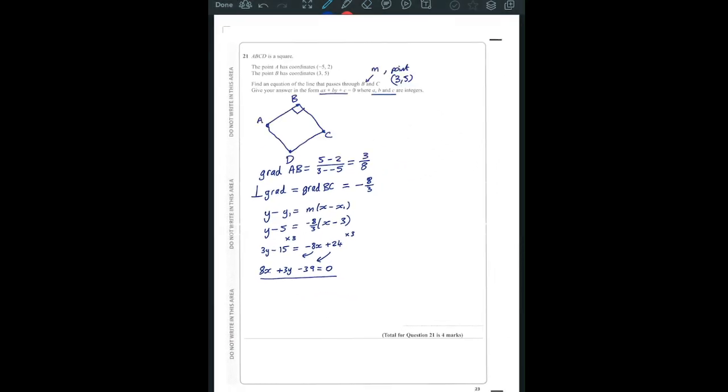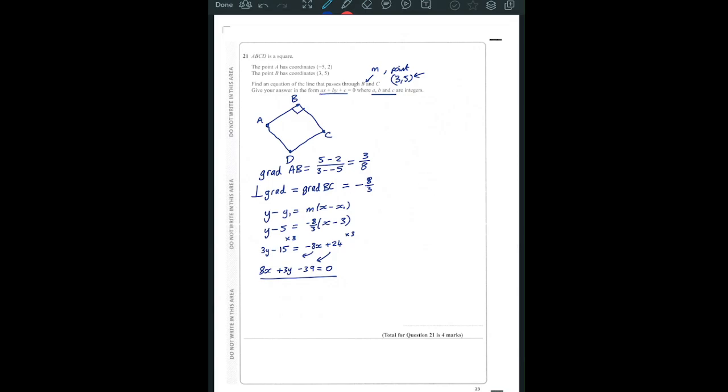That's my final answer. One easy check that you can do is sub in the point that we think is on the line. If I sub that point in, do 8 times 3 plus 3 times 5 minus 39, my calculator says 0, so that point is on the line.